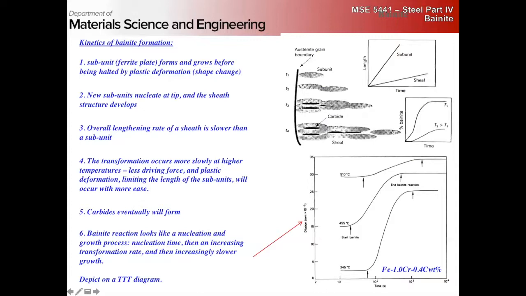And the overall growth rate of this whole sheaf is slower than the growth rate of the individual subunits, right? We have a subunit that grows very quickly and stops. Then we wait for a little bit, and then we nucleate another subunit, and it stops. So the overall lengthening that you would see by, say, optical microscopy is much slower than this subunit.